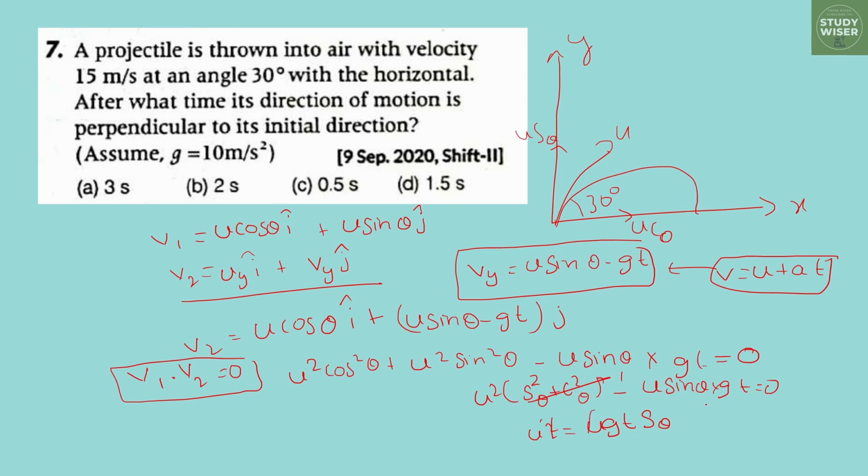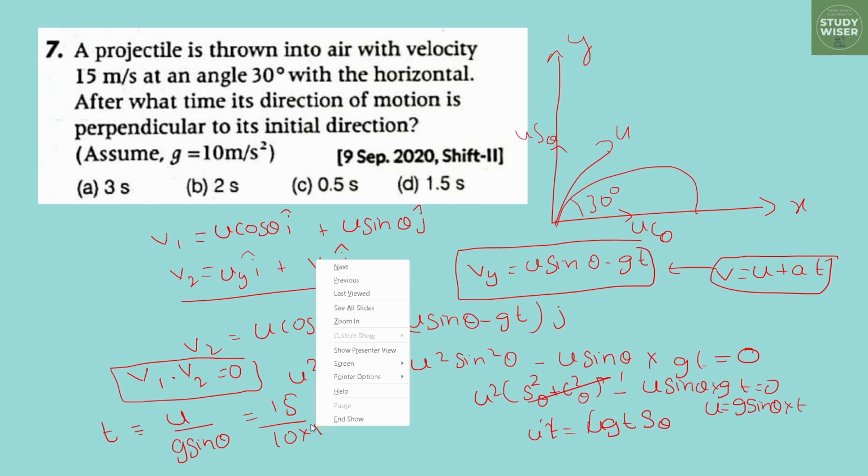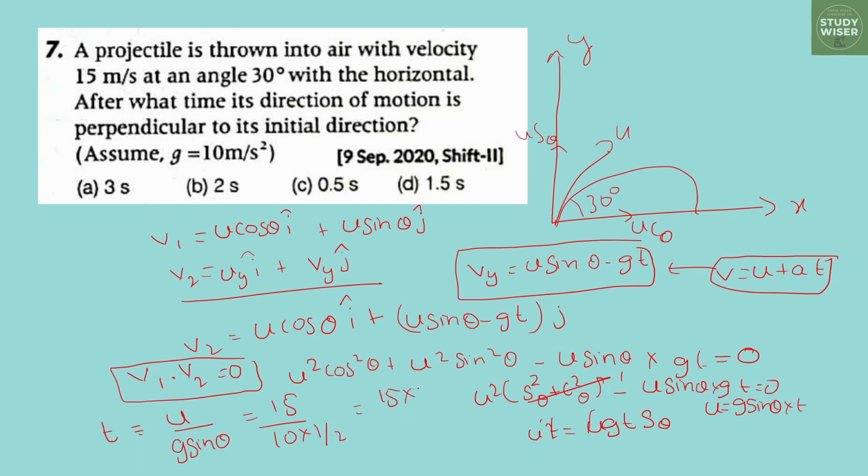u can be cancelled here. u is equals to g sin theta into t. మనకు టైం కావాలి కాబట్టి టైం t ఈజ్ ఈక్వల్స్ టు u బై g sin theta. u ఎంత ఇచ్చాడు మనకు 15 ఇచ్చాడు. g ఎంత 10. sin theta 30 degrees యాంగిల్ ఇచ్చాడు. sin 30 ఈజ్ ఈక్వల్స్ టు 1/2. 15 into 2 by 10.